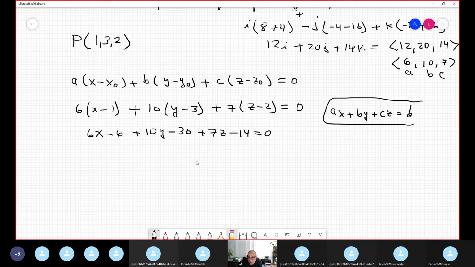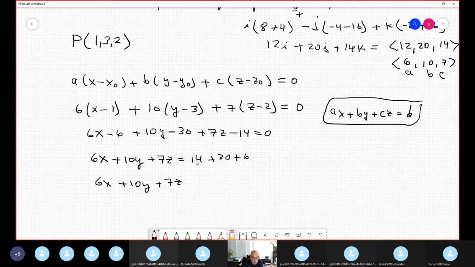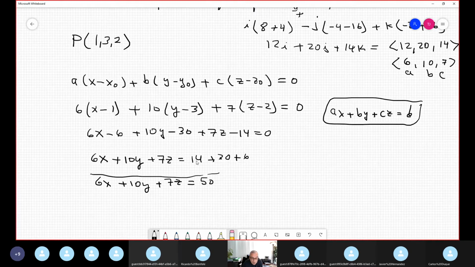So I put 6x plus 10y plus 7z, and move to the right hand side 14, 30 and 6, which is 50. 6x plus 10y plus 7z equals 50. End of the story. And this is the equation of the plane that satisfies this condition.